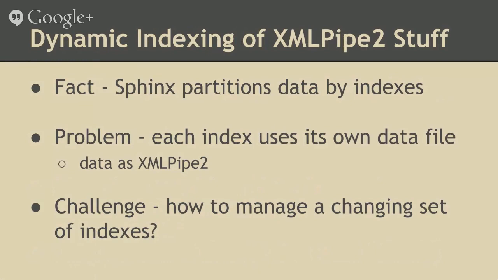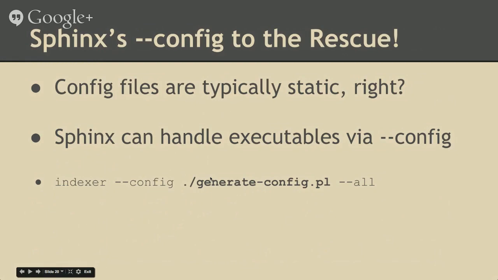So, like I said, it's a giant pain in the butt to maintain a static configuration file for this. We already know Sphinx partitions data by indexes. The problem is that each index uses its own data file, so I'm maintaining a ton of sets of these XML files, which is not the problem. The challenge is how do I manage generating or maintaining this configuration file that has all of these indexes. And this is my favorite part about Sphinx: the configuration file can be a script, and that's not very common, I would think.